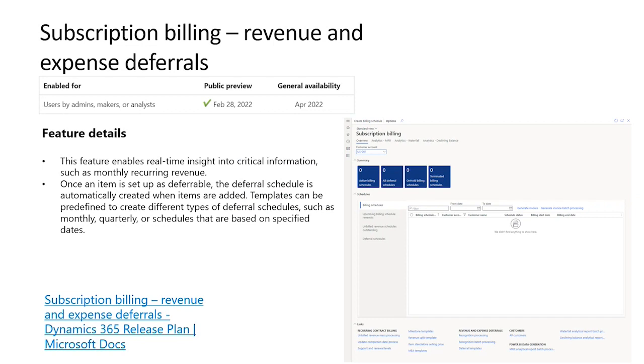So the last item here for subscription billing that I'm going to talk about today is the revenue and expense deferrals. So the first thing I'll call out here is that we have a new workspace specific to subscription billing.